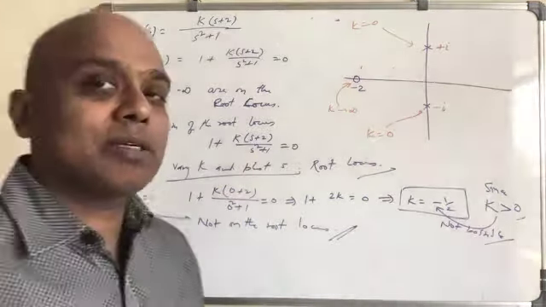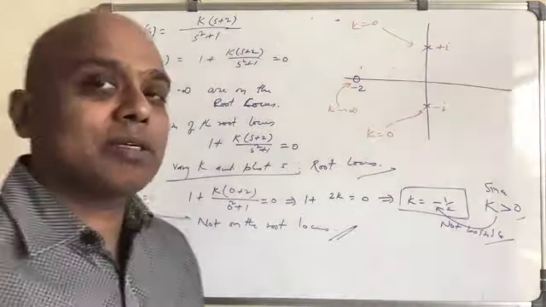Similarly, we can do s equal to minus infinity. We want to check whether that is on the root locus or not. What will we do? From 1 plus k..., we can find out k first. So k will be equal to minus (s square plus 1)/(s plus 2).